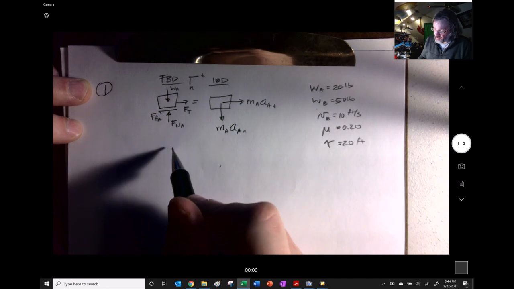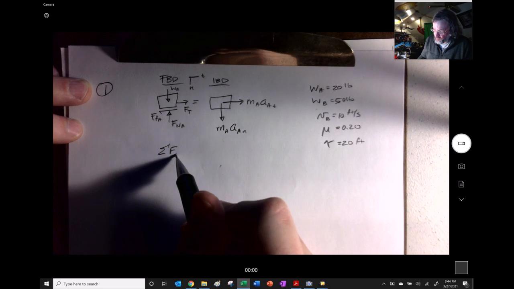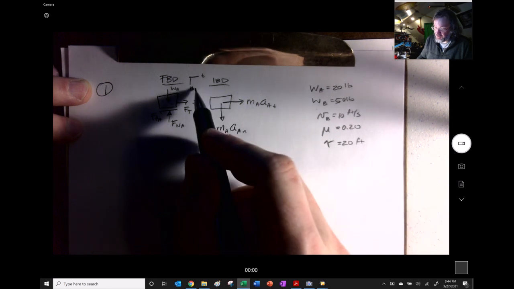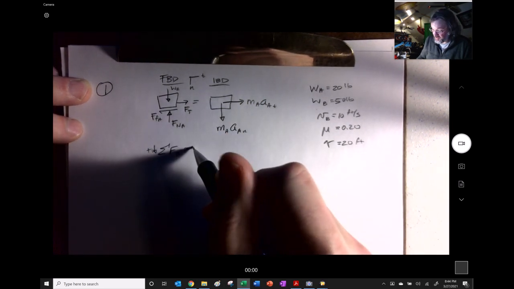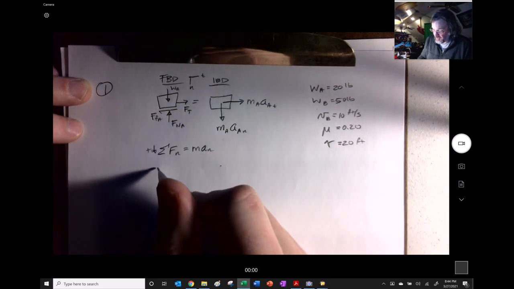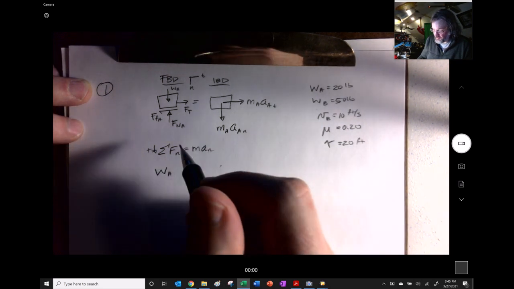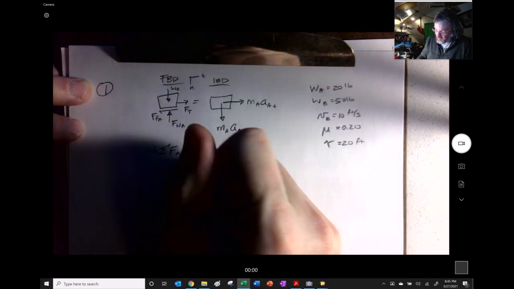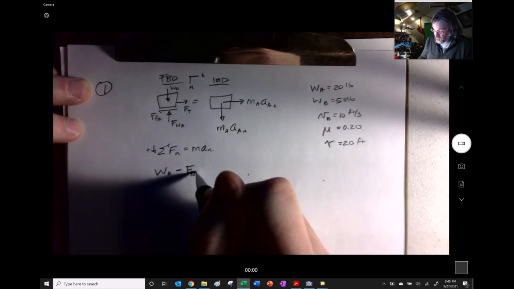Okay, so do the sum of the forces in the normal direction, and we'll say that downwards is positive, just to reinforce the sign convention that we have. It's mass times acceleration in the normal direction, and so the weight is going to be in that direction, but it's going to be subtracting out the normal force, Fn A right here.